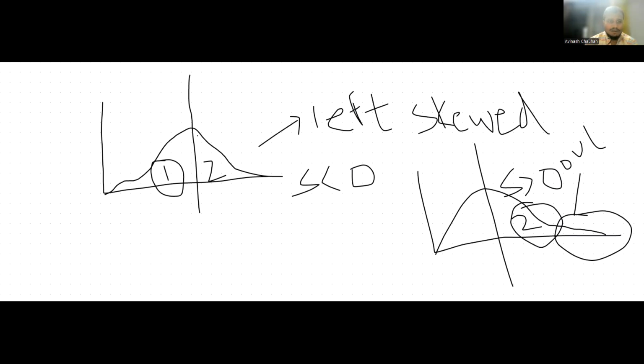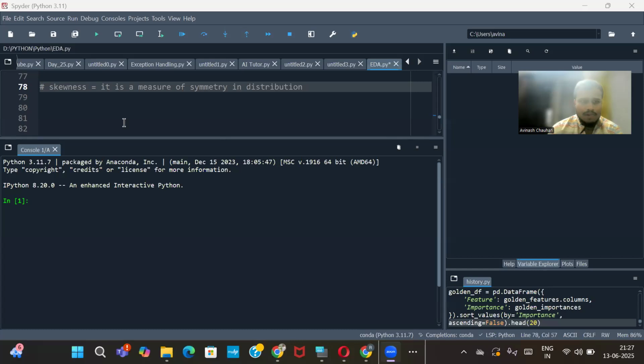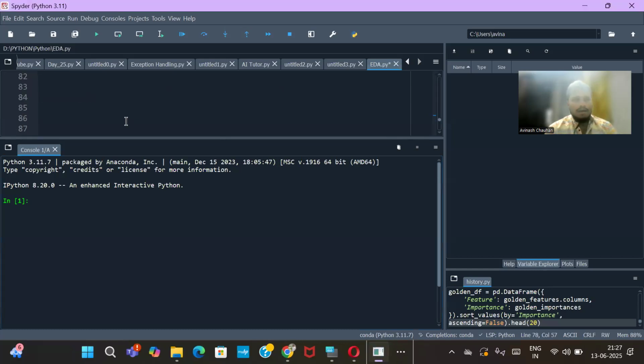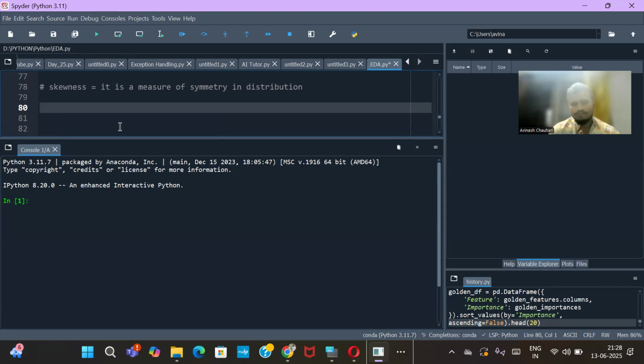to our Spyder. And here in Spyder, first we will take a histogram.